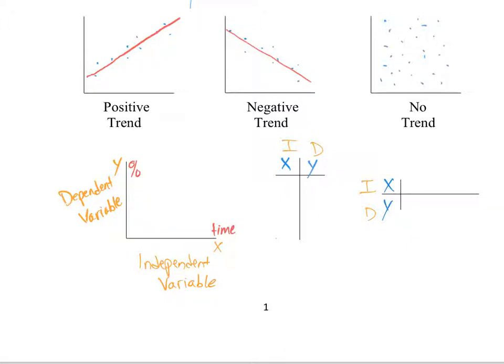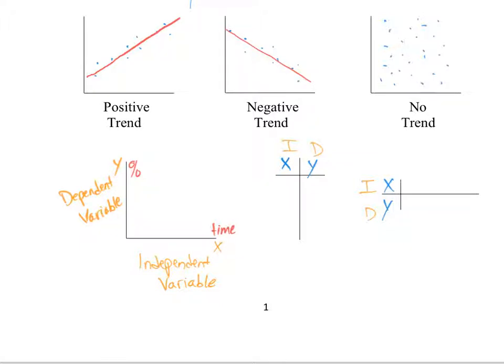Did you study the night before? Time typically always goes on the x-axis, because until you learn physics, special relativity says that when you're going at super high speeds, time changes in how fast it goes by, or gravity can impact time. But until you get there, in normal life, time is independent. So time goes down here, percent goes here.